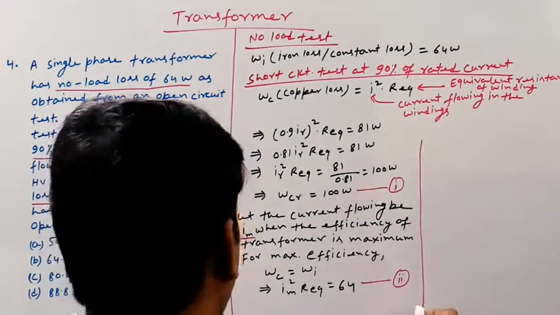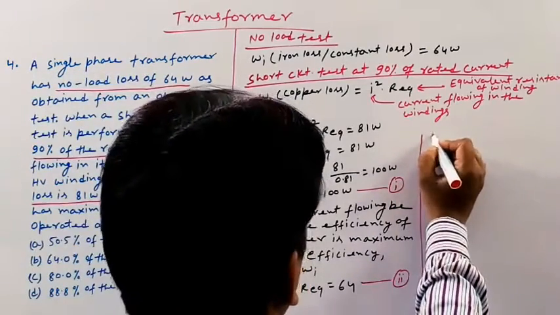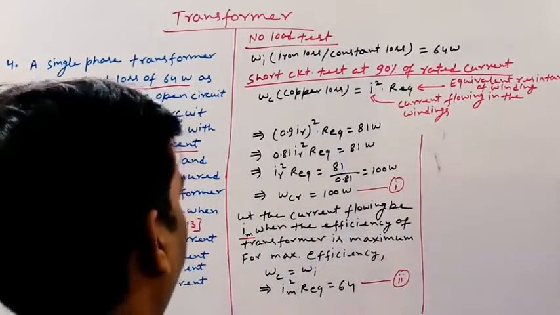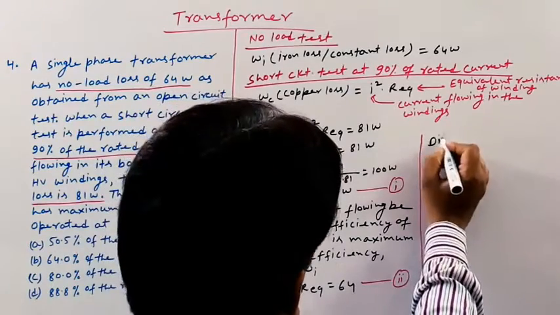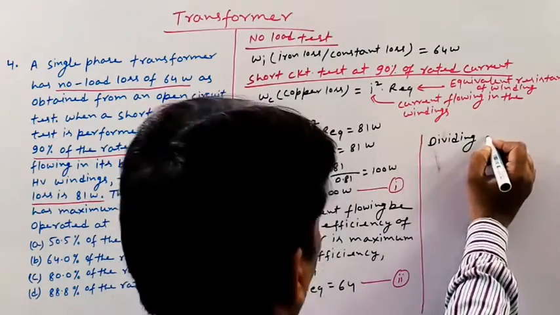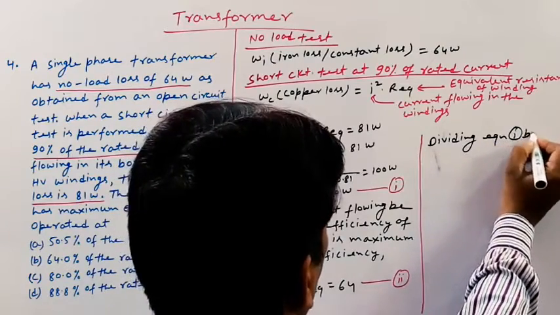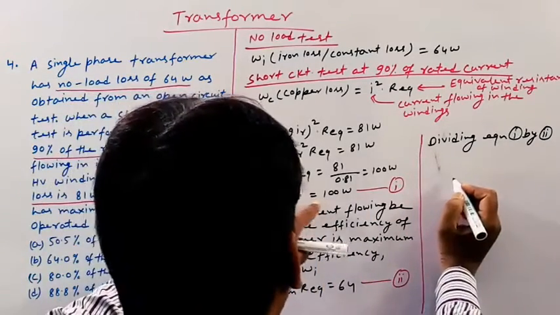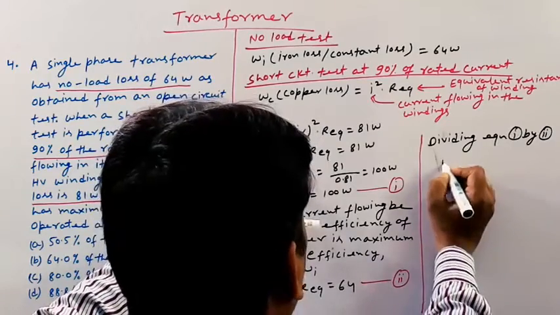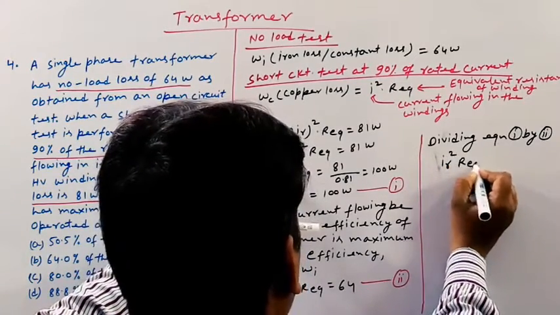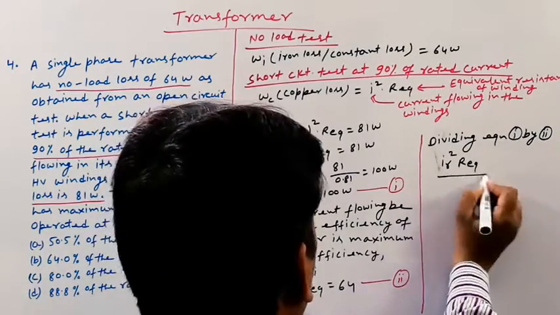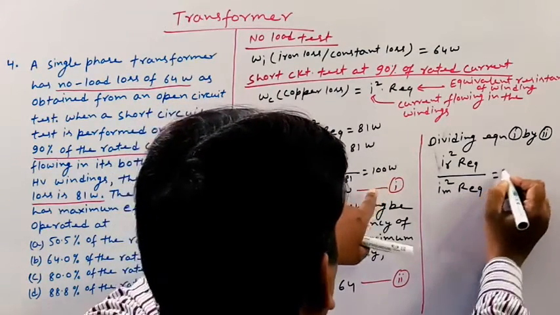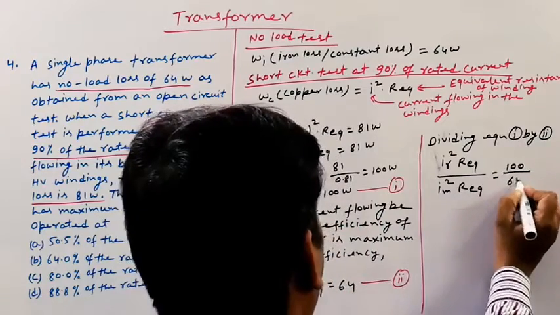Dividing equation 1 by 2, we get W_CR, which is I_R square into R equivalent divided by I_M square into R equivalent, and this is 100 by 64.